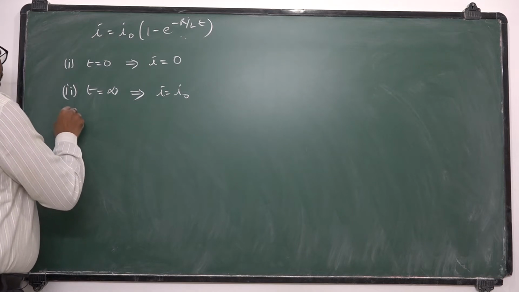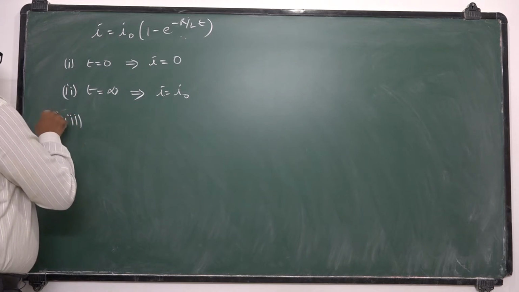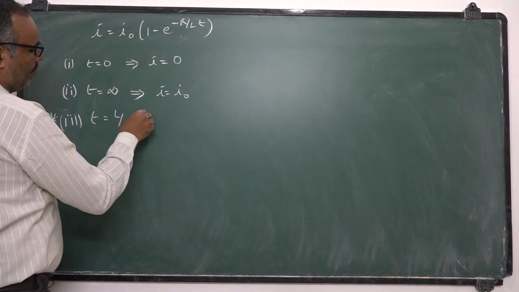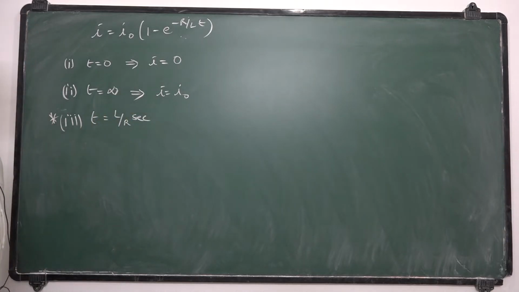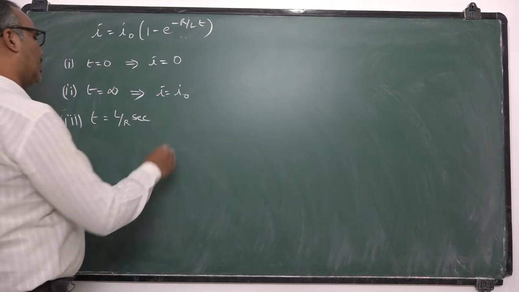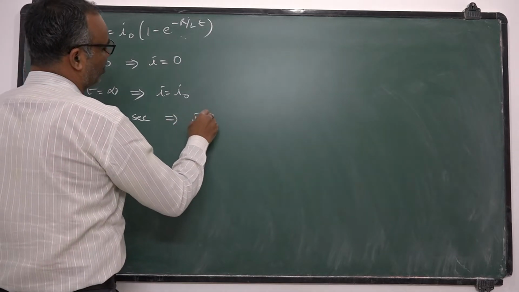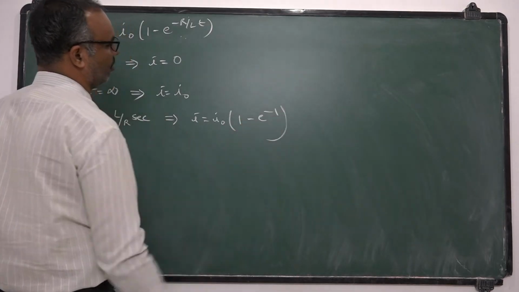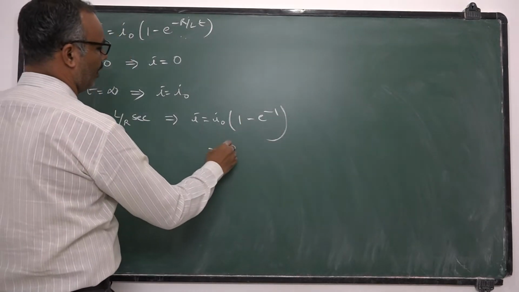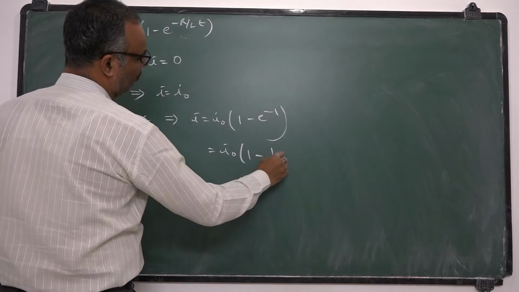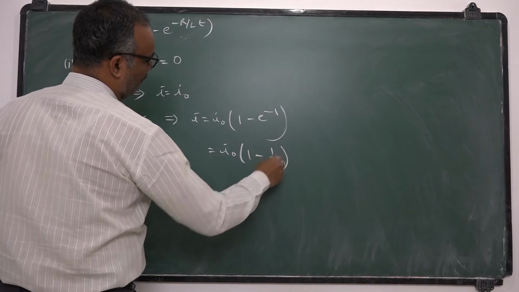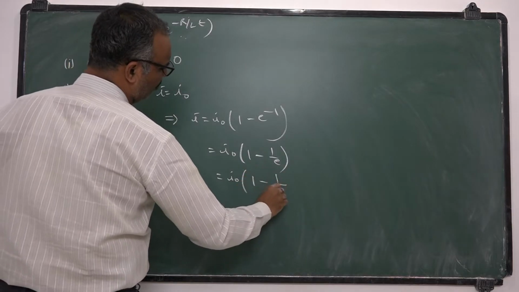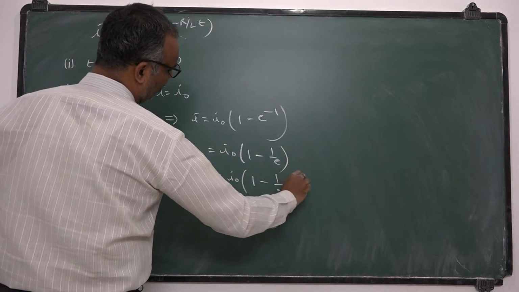The important case is the third case. If you wait for L by R seconds, what will happen? If you wait for L by R seconds, the current in the circuit becomes I naught into 1 minus e power minus 1. That is I naught into 1 minus 1 by e, where e value is approximately 2.718.